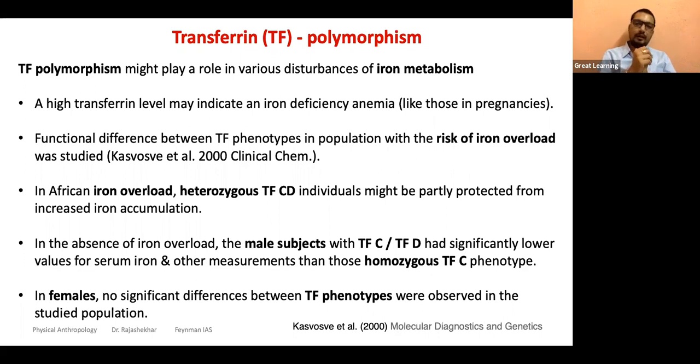So sometimes even iron overload happens. Scientists have studied the relationship between transferrin and iron overload, and a particular polymorphic form of TF is also studied here. If you want, you can just leave it there. Say iron overload has been noticed in some populations, like in Africa, where cooking is done in uncoated iron containers.